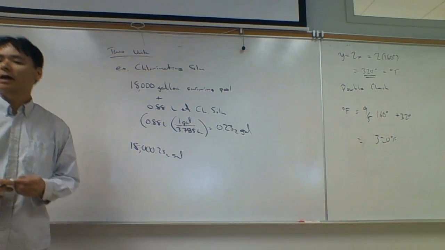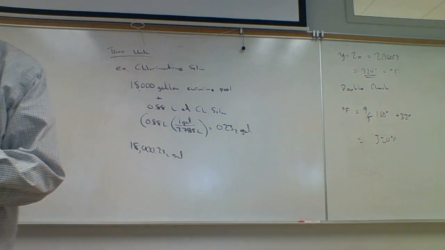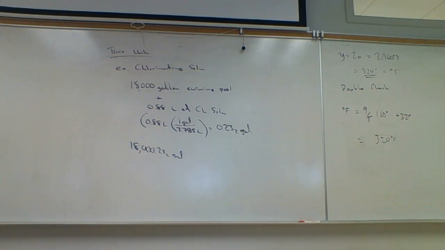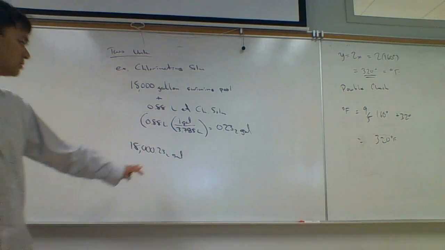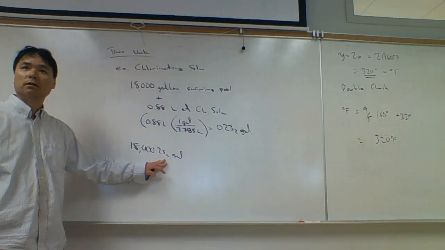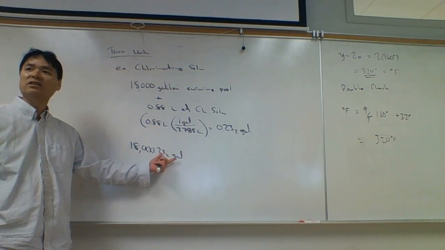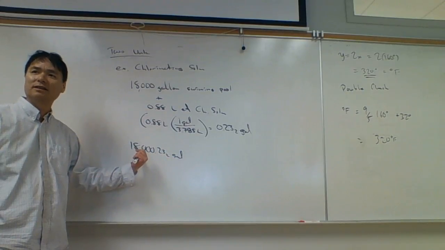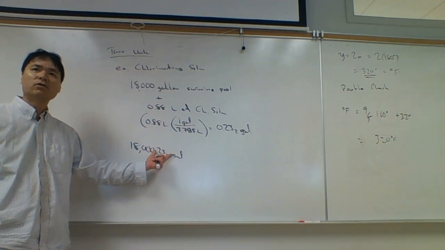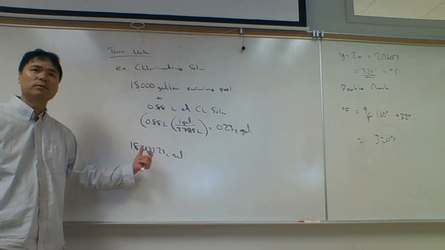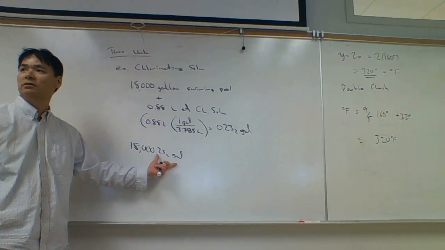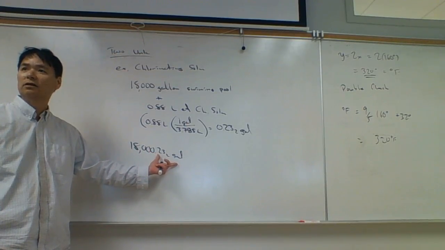Now when we calculate our ppm, take a look at the setup. Our ppm was based on an 18,000 gallon pool, not an 18,000.232. All the chlorine from the 0.232 gallons is supposed to go into the 18,000 gallon swimming pool. But now all the chlorine's going into the 18,000 gallon swimming pool plus this 0.232 gallons of extra solution.